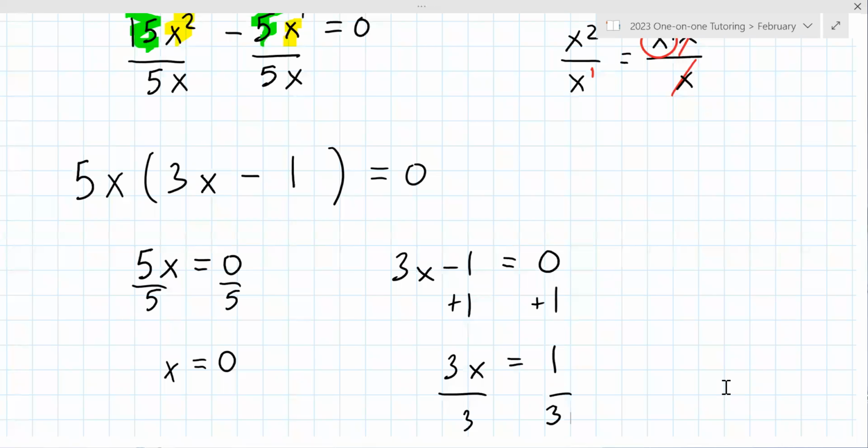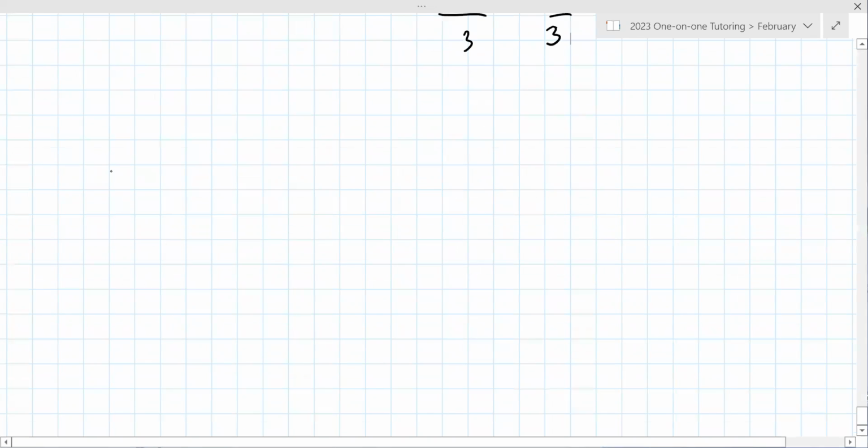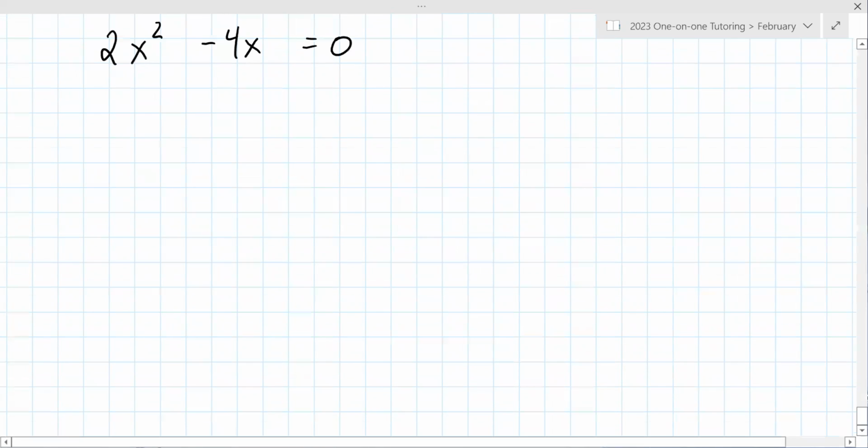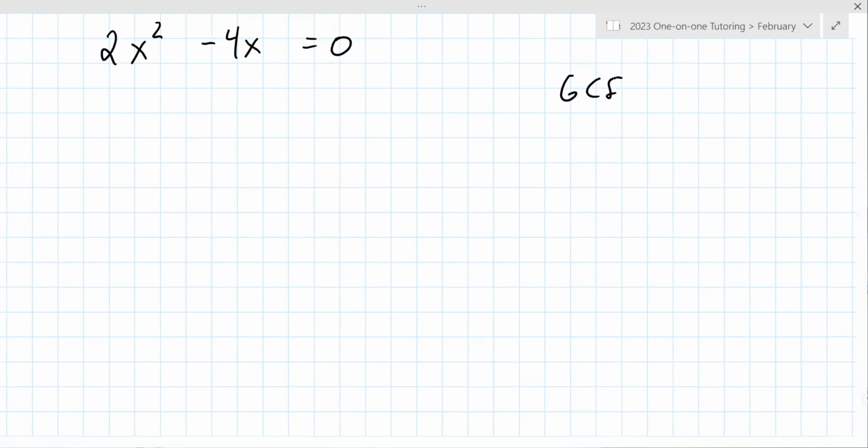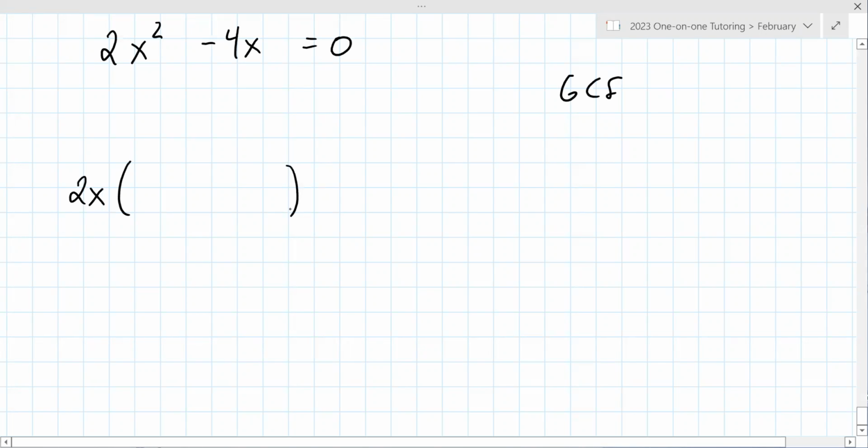Okay, so an easier one, the goal is I'm not trying to make these hard. Let's go 2x squared minus 4x equals 0. I want you to figure out the GCF. You divide by 2, right? 2x is the GCF, yes.